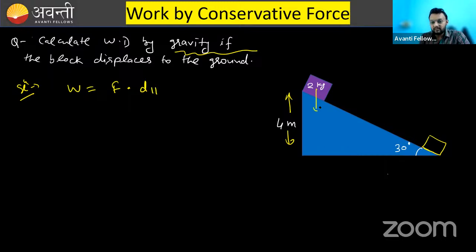Gravity is acting downward. Gravity is mg. If I choose g as 10 meter per second square, then gravity will be mg, that is 20. So gravity is 20, displacement in the parallel direction is 4. So F is 20, displacement is 4. This is going to be 80 joule.